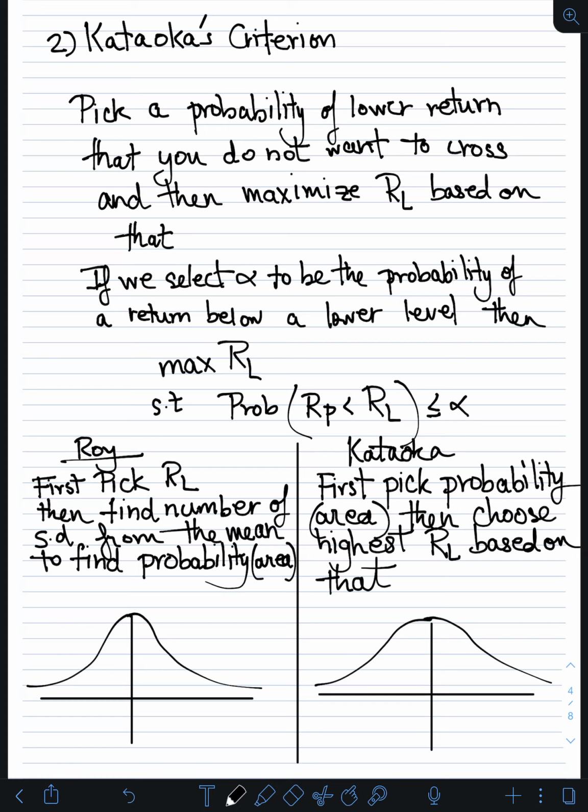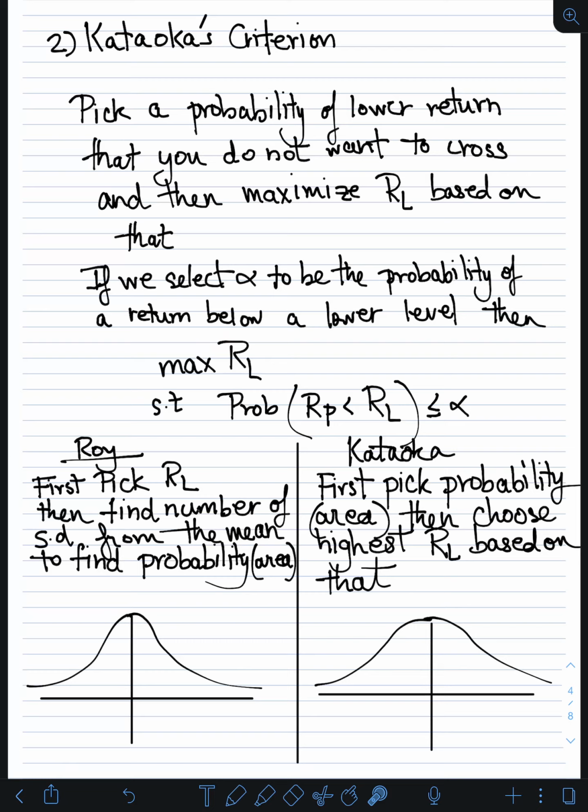What Kataoka says in his rule is that you first pick a probability of lower return that you do not want to cross, and then you pick the maximum lower limit return based on that sort of lower limit of risk that you do not want to cross. So basically, if we select alpha to be the probability of a return below some lower level, then we're going to maximize our lower limit return.